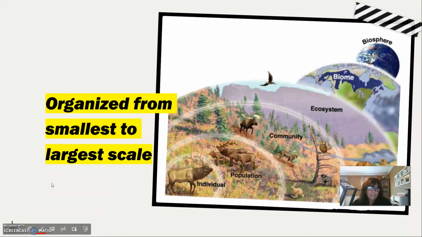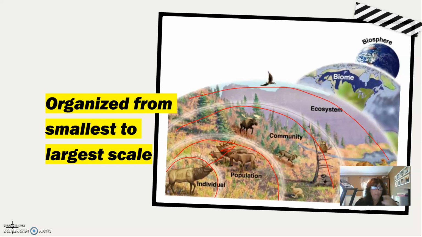So if we take a look just at this one elk right here, the individual, that's a small circle, and then as we move out, the circles get bigger and bigger, and each time we're actually talking about more and more of the environment and the different parts of the environment, which I'll explain more in detail as we move on.